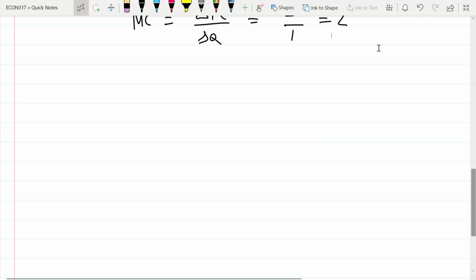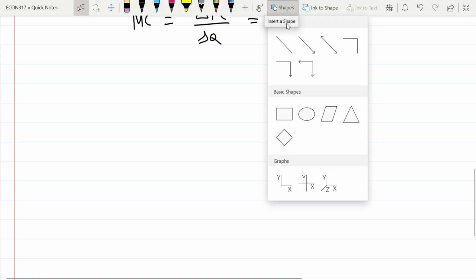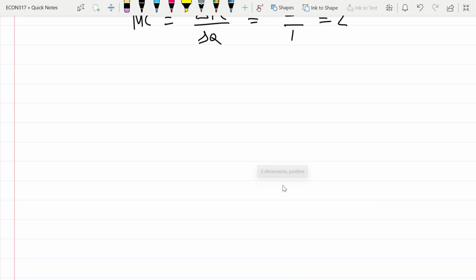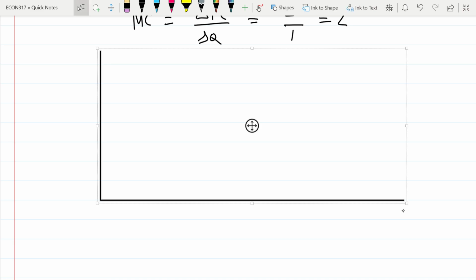So let's do the first graph, where I will have quantity on the horizontal axis and all the costs, the total cost, the fixed cost and the variable cost, on the vertical axis.